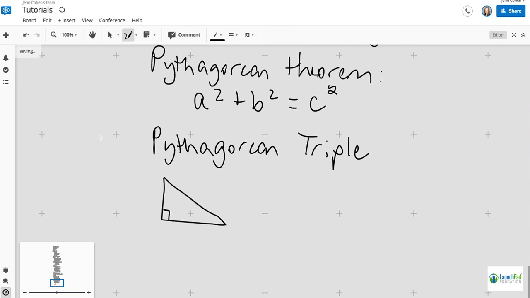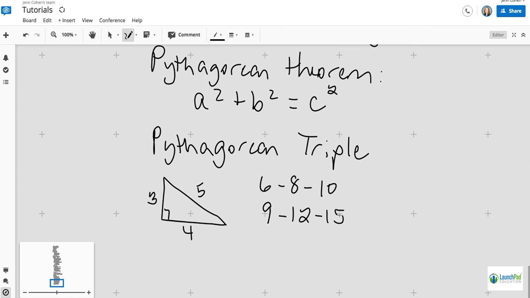One of them is a 3, 4, 5 triangle where one leg is 3, another leg is 4, the hypotenuse is 5. But you might also see multiples of that. So you could see a 6, 8, 10 Pythagorean triple with all of those sides multiplied by 2. So 6 is 2 times 3, 8 is 2 times 4, 10 is 2 times 5. You might also see 9, 12, 15.